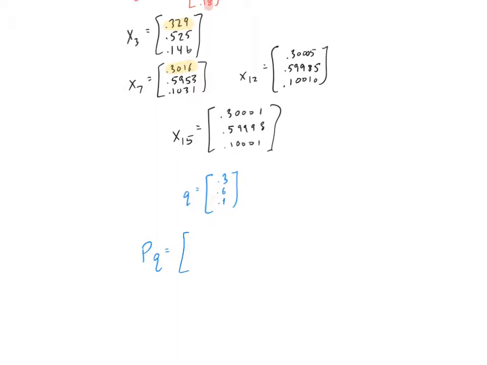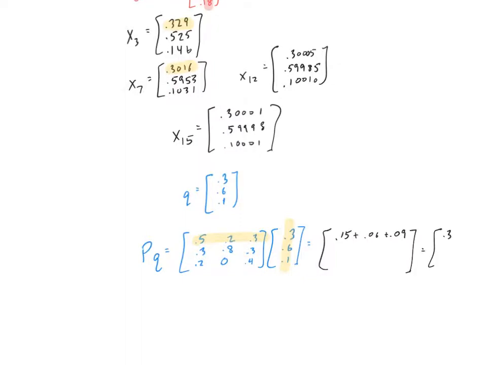If I multiply the matrix P, with rows 0.5, 0.2, 0.3, then 0.3, 0.8, 0.3, and 0.2, 0, 0.4, times the Q, our conjecture, what we think it will be in the long term, take the first row times that column, and I have 0.5 times 0.3 is 0.15, plus 0.2 times 0.6 is 0.12, plus 0.3 times 0.1 is 0.03. Add them all together, guess what you get? 0.3.